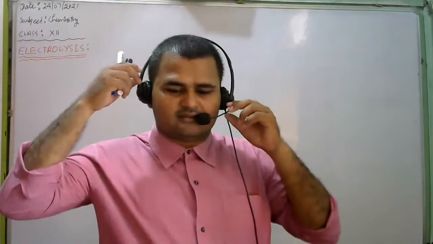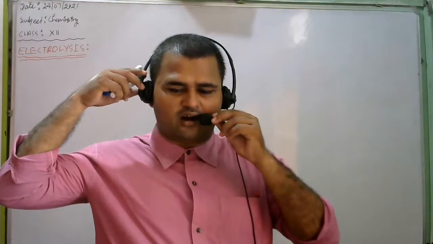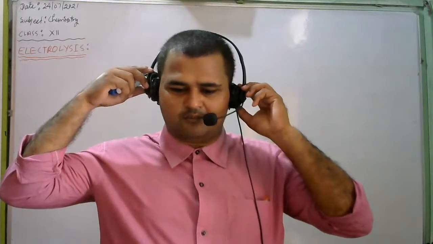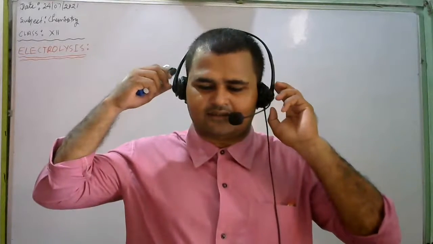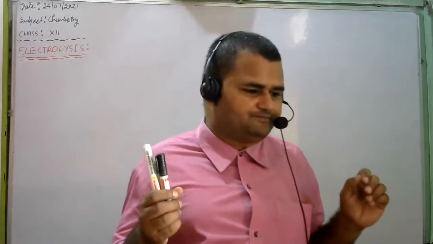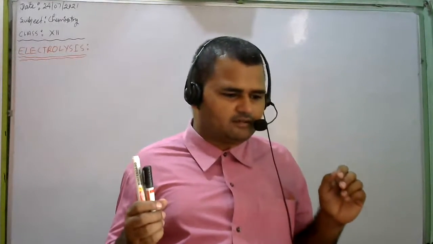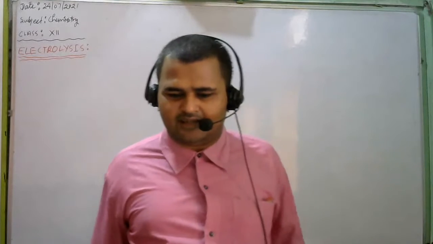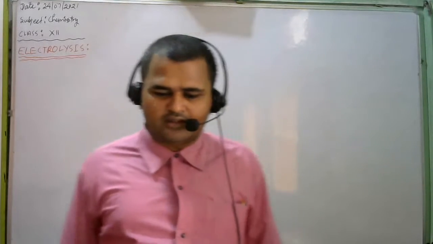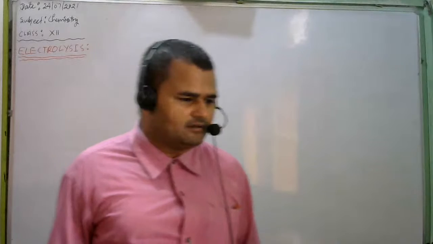Very simple, dear students, the cell is the device in which two half cells, two electrodes, are combined through an electrical conductor. For the electrolytic cell, cathode is negative. This is the sign convention.